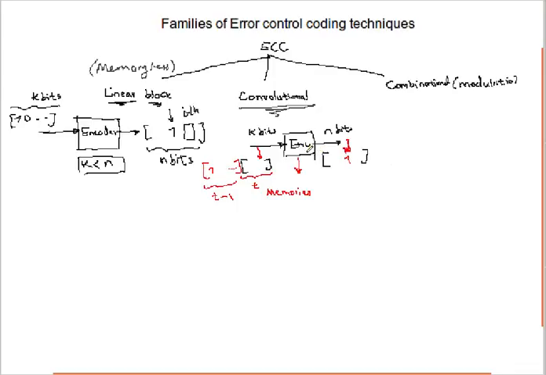So it's not just a matrix, it's going to have a state machine, and this state machine tells you what the output is. It tells the state of your system and the state of your data.